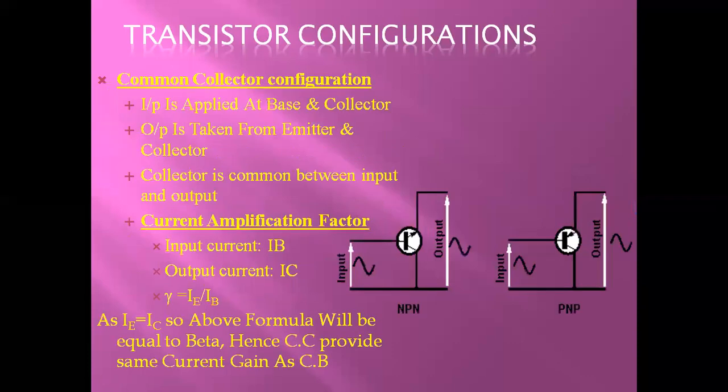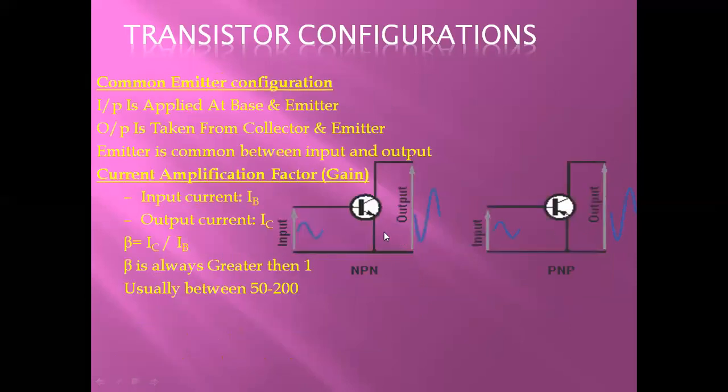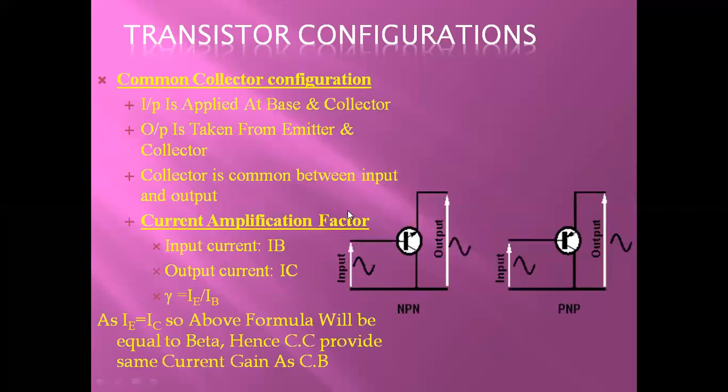Coming to the common collector configuration, the collector needs to be common for both the base and the emitter. So the common terminal is the collector, and the input is applied at the base and collector. The transistor has been rotated with respect to the previous diagram; see, the arrow mark has been changed.